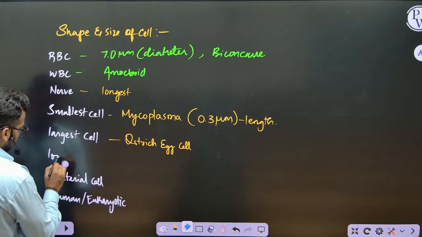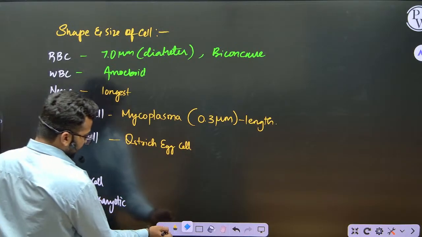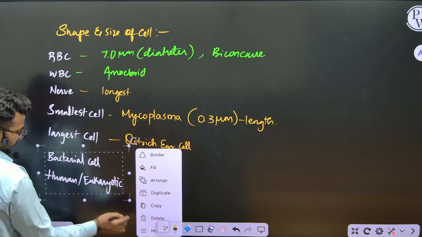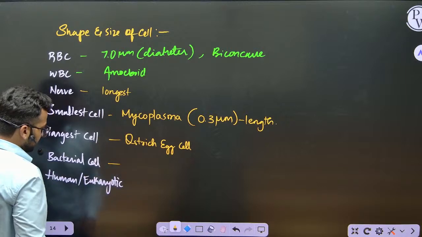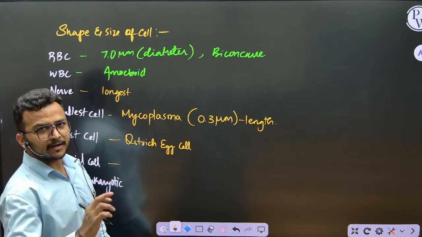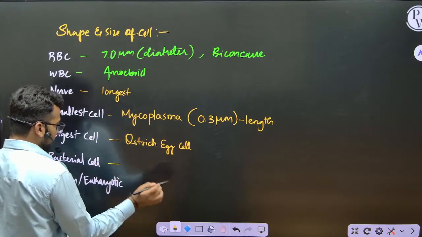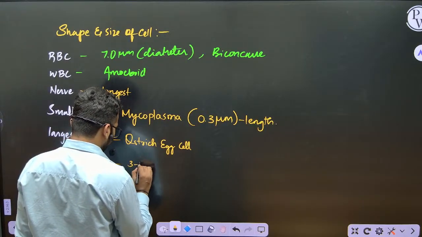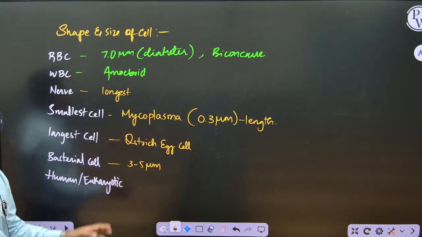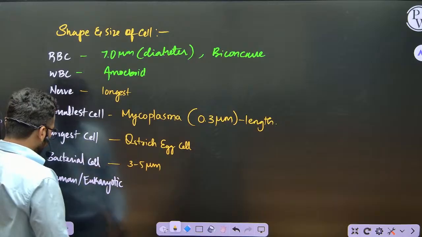And bacterial cells you need to see here. In your book they have given different values, but coming to the length, it will be around 3 to 5 micrometer. The length of bacteria is 3 to 5 micrometer.